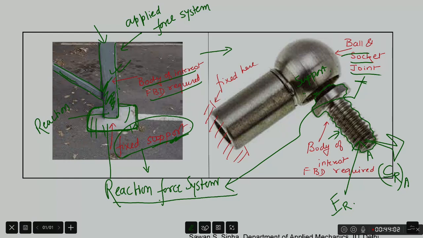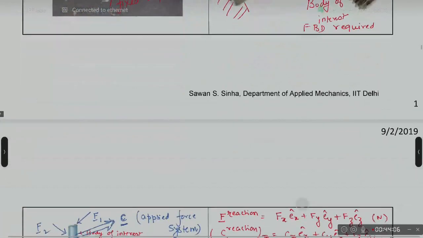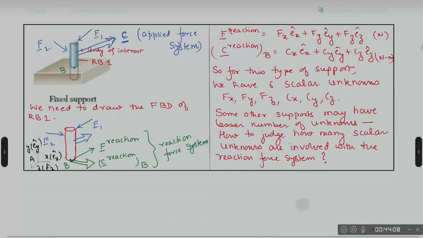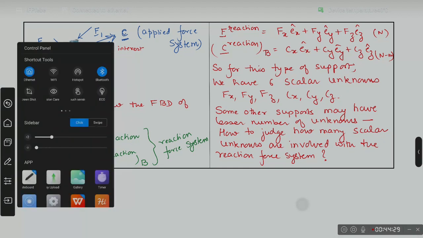Now let's go back to the fixed support, the big fixed support. This is the body of interest, and it is grounded, fixed to the ground.